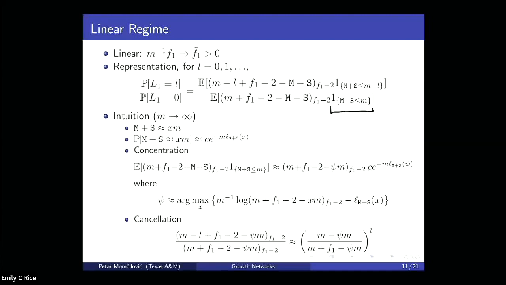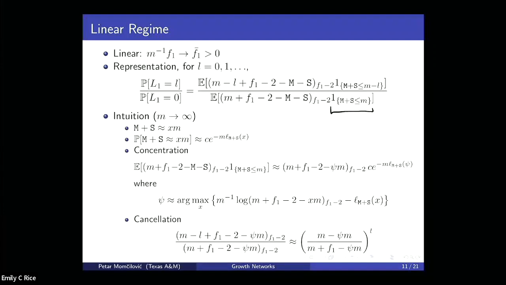So if I make M plus S smaller, this becomes bigger. The probability of this is dropping down, but the probability of this is increasing. So the most likely value, where the mass is concentrated, is not at the boundary but at some value psi, where you have to solve this optimization problem. Making M plus S smaller makes this indicator always 0, but this thing is enormous, and they compensate each other.